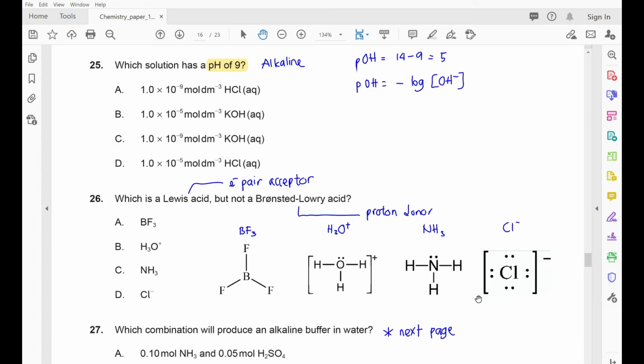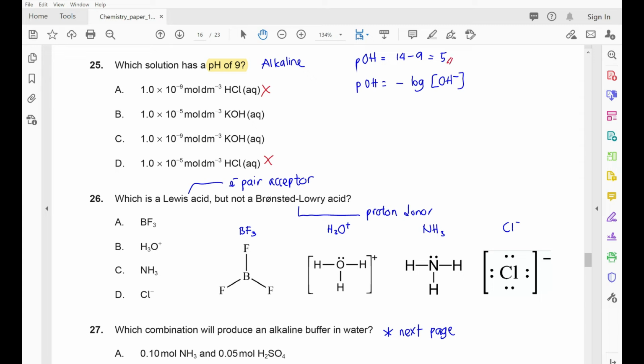Question 25. pH 9 is alkaline, so it cannot be A or D. pH is the negative log of hydrogen ion concentration. But because we're dealing with an alkali, it has hydroxide ions instead, so we convert pH to pOH. pOH is just 14 minus pH, which gives us 5.